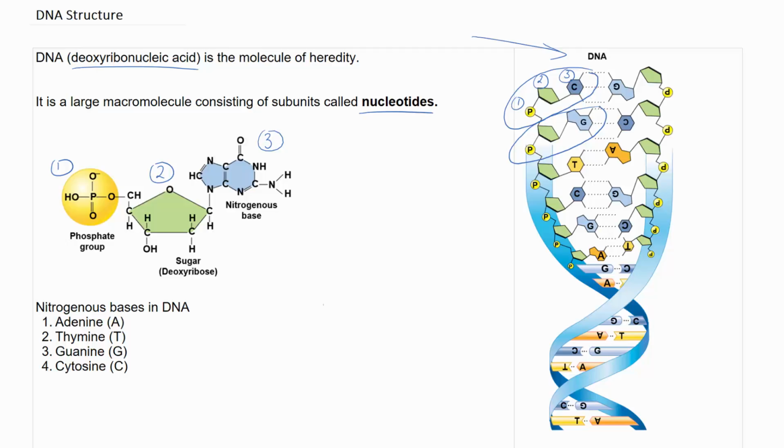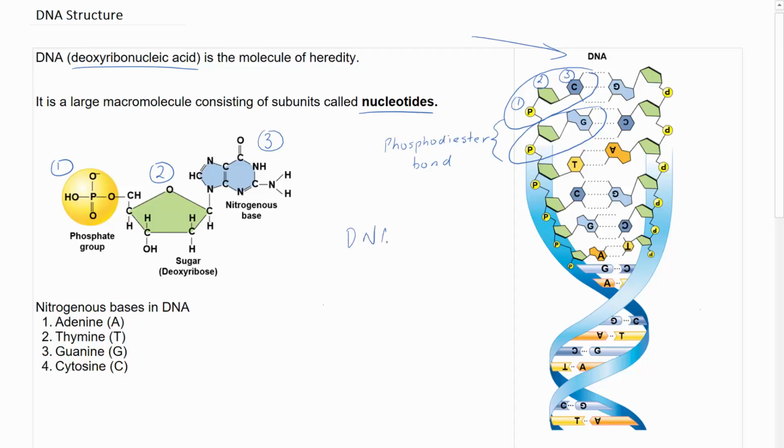Individual nucleotides are bonded together with what's referred to as a phosphodiester bond, which holds the nucleotides together in an individual strand of DNA.